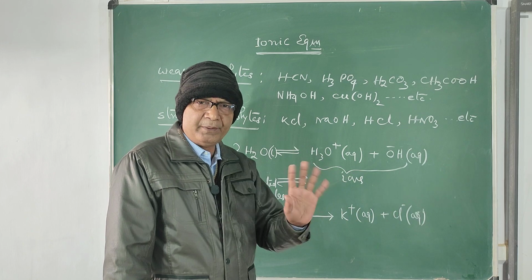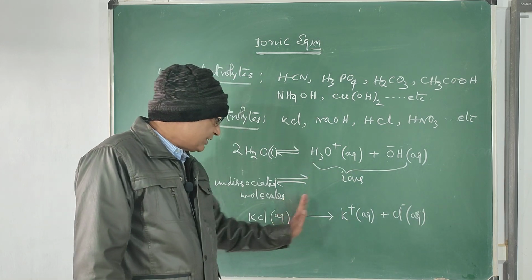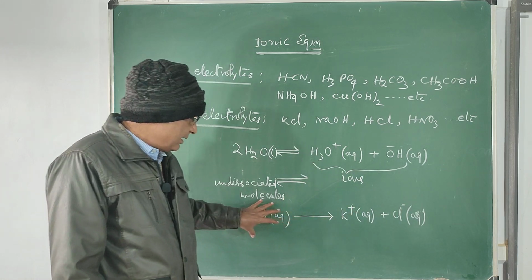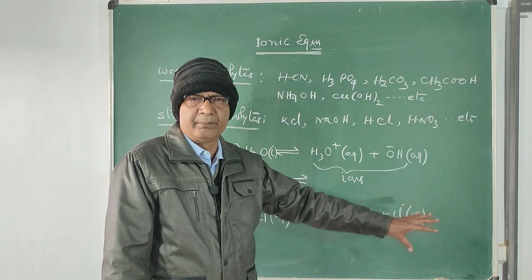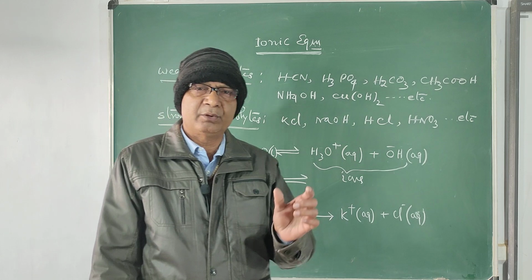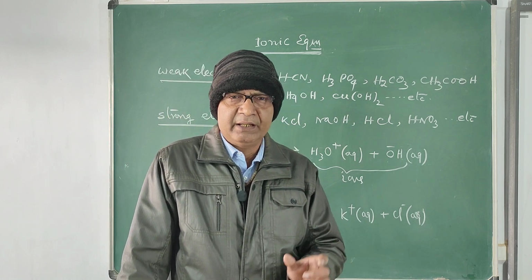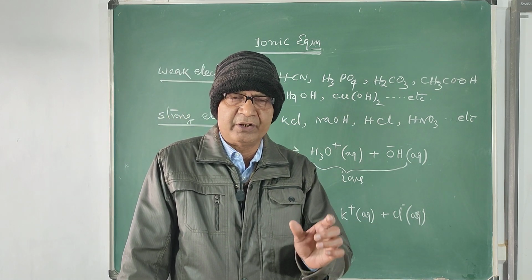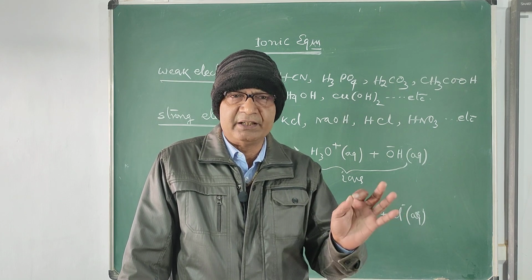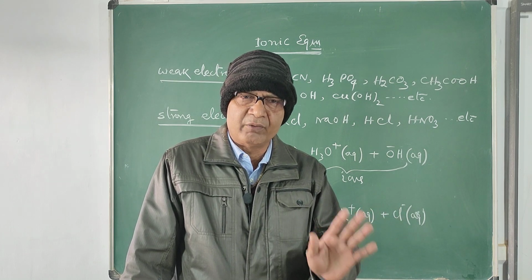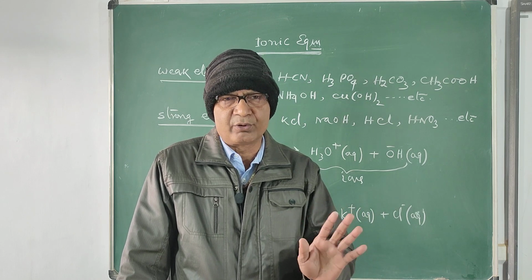So there will be no equilibrium system. It is unidirectional. The KCl solution contains only K+ ions and Cl- ions. There will be no KCl units undissociated.